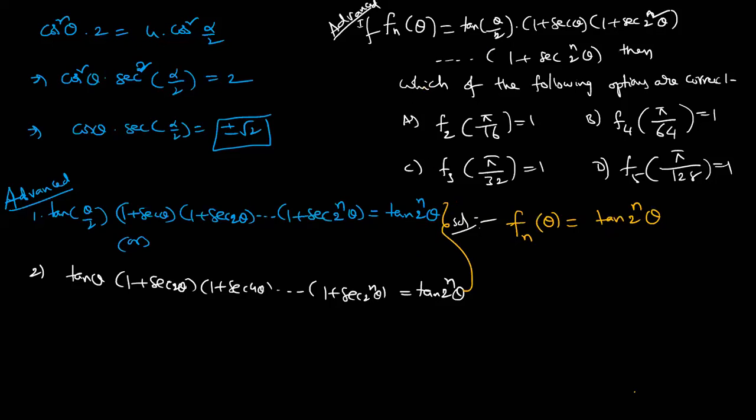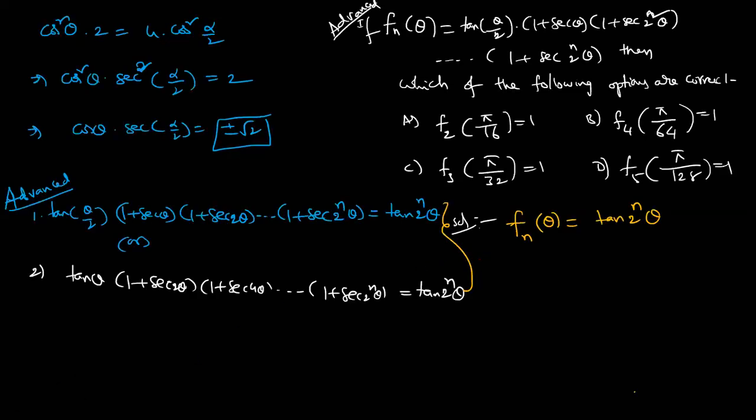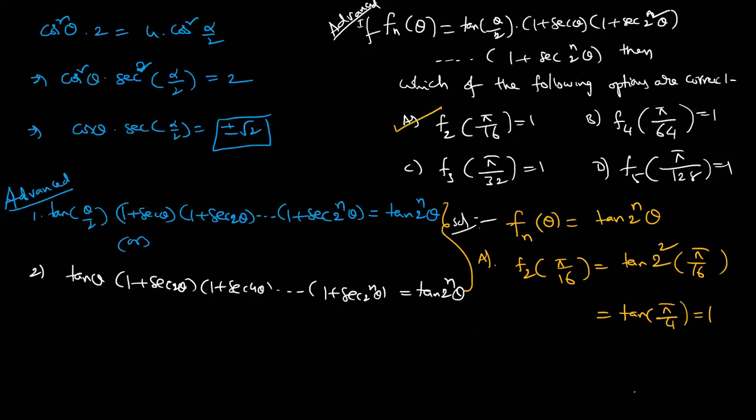Now take option A. f_2(pi/16). Let us check it: tan(2^n times theta), n is how much? 2 is given, of pi/16. So how much is coming? That is pi/4. So the answer is how much? 1. So option A is correct.